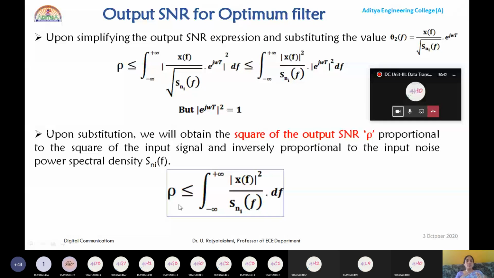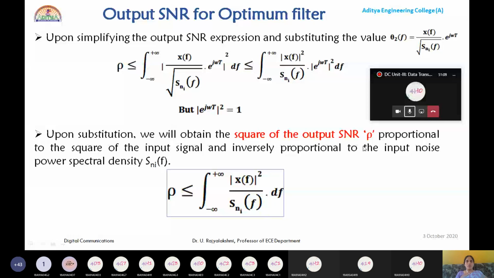Here we are not defining the output SNR as in the case of the baseband signal receiver, because we are focusing on the square of output SNR.